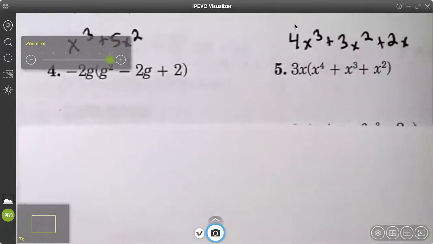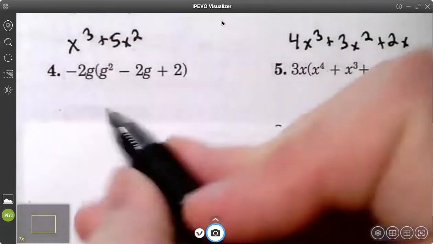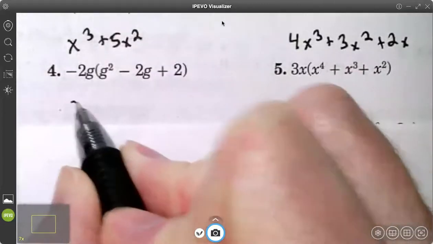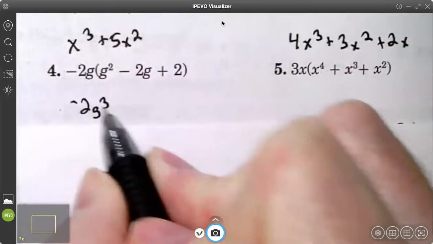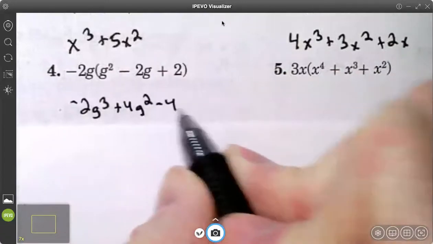Number 4, distribute left to right will be fine on this one. You get negative 2g cubed, positive 4g squared, negative 4g.